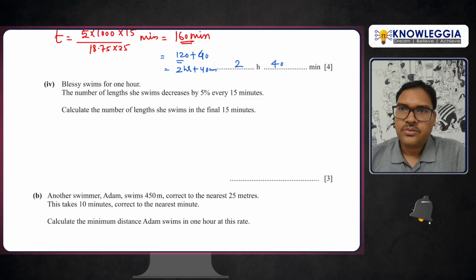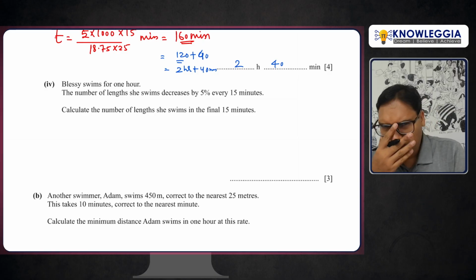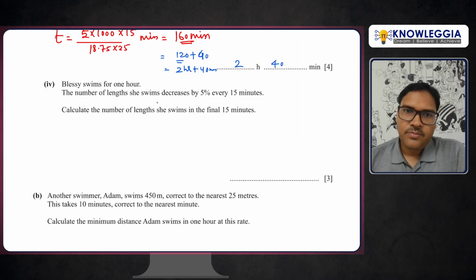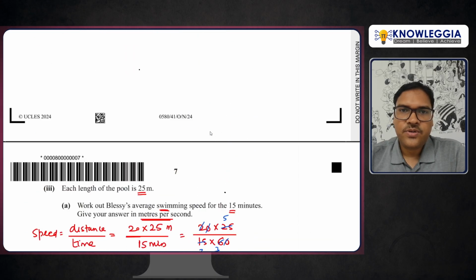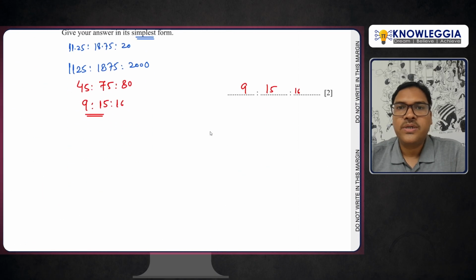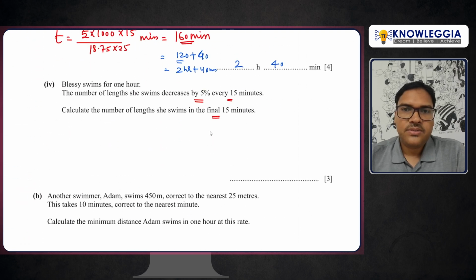Now the next part: Bracy swims for 1 hour. The number of lengths she swims decreases by 5% every 15 minutes. Find the number of lengths she swims in the final 15 minutes. In the first 15 minutes, she swims 20 laps.